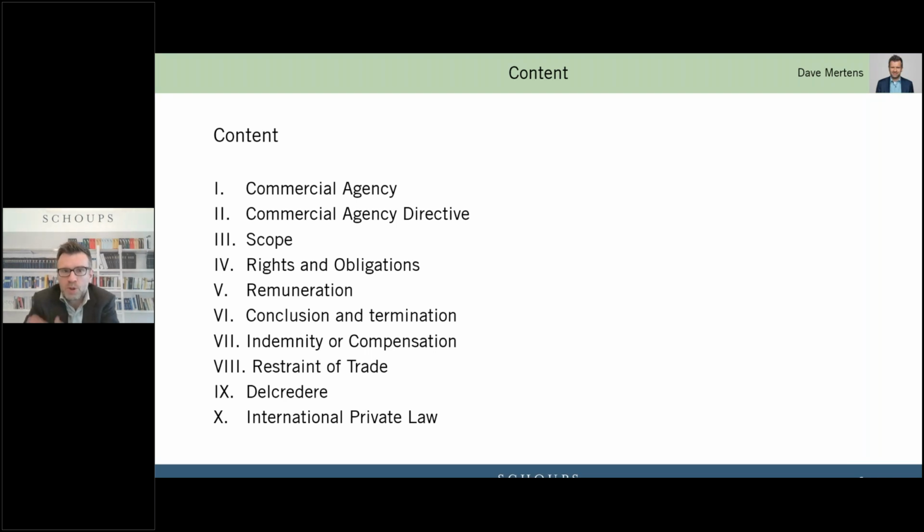So when we talk about termination, these are the kinds of issues we'll be talking about: termination by the agent because he wants to leave to a competitor, by the principal because he wants to replace the agent by another agent, or by another way of bringing his products to market which is more cost efficient. And the compensation due in those circumstances, that's the next topic.